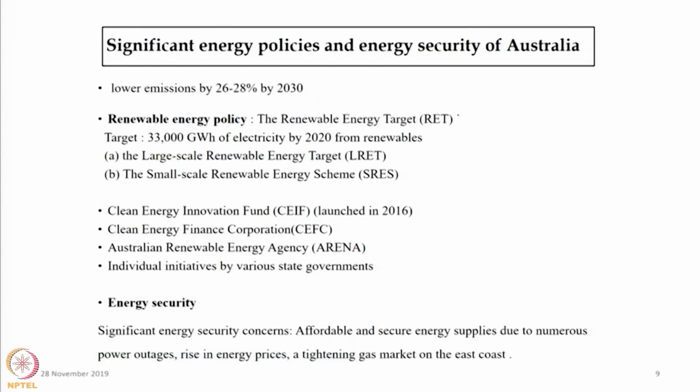The large-scale target says that those who use more energy for their industry operations should use a particular amount of energy from renewable sources. The small-scale scheme supports people using renewable energy sources by providing subsidy. Also, the Clean Energy Finance Corporation and the Australian Renewable Energy Agency provide funds to agencies or industries working on renewable energy sources.